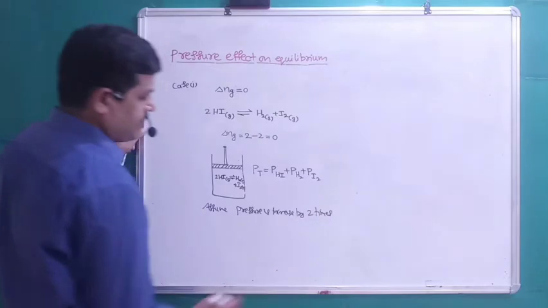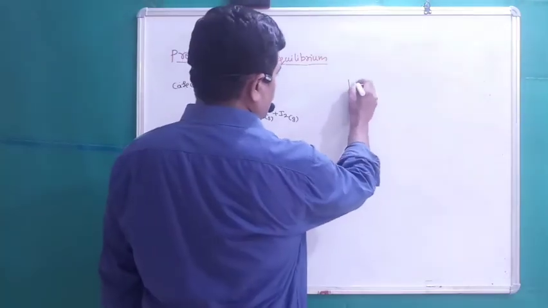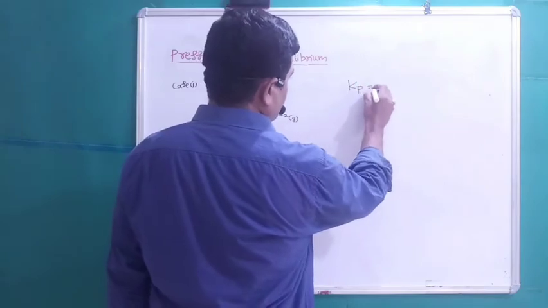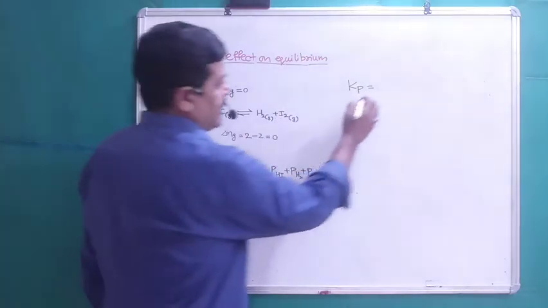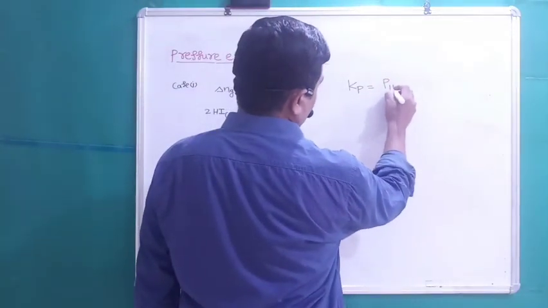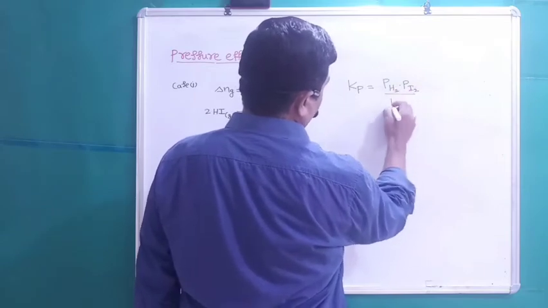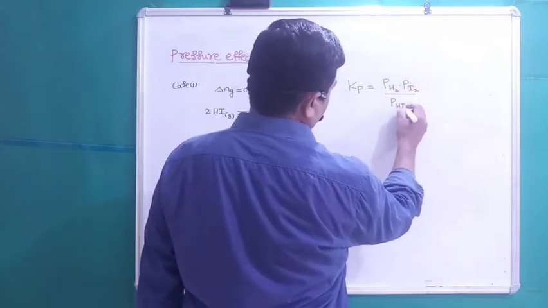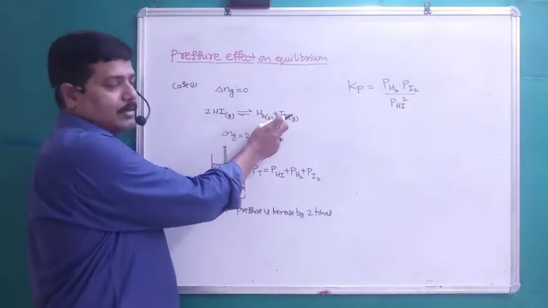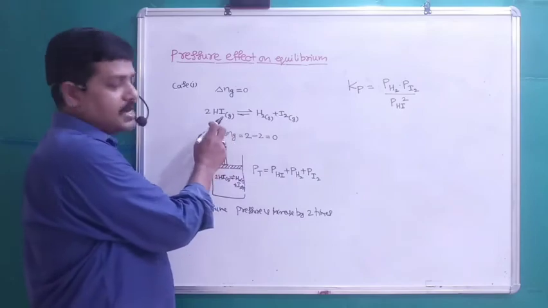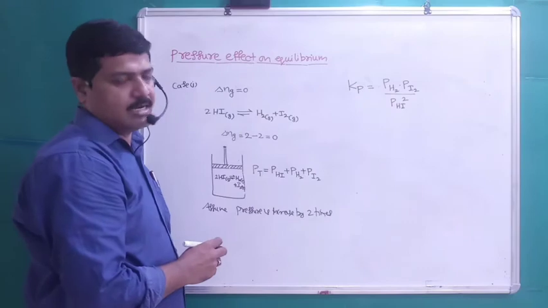Earlier, we can write the equilibrium constant Kp expression as partial pressure of H2 multiplied by partial pressure of I2 divided by partial pressure of HI square. This is the Kp expression, right?